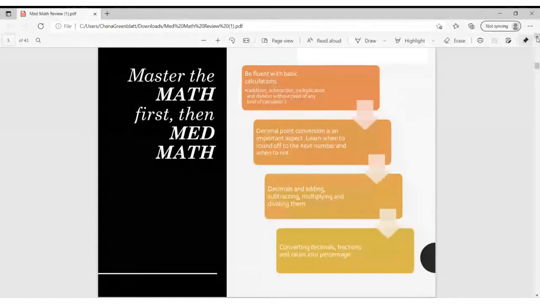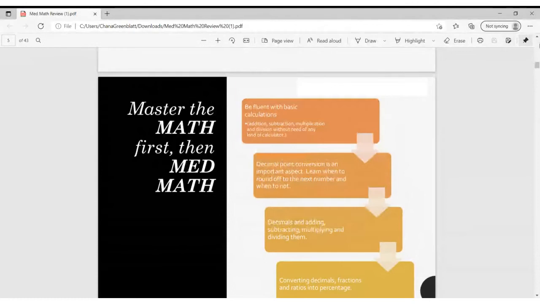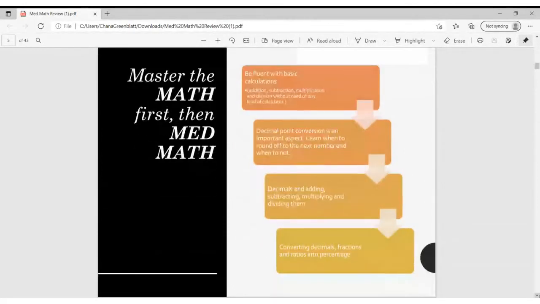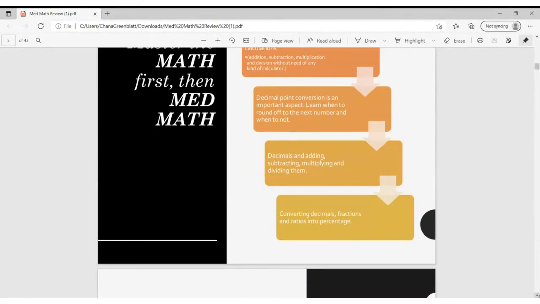Some hospitals allow, some don't. In terms of decimal point conversion, every hospital or every school has their own policy. So knowing when to round up and when to round down in an in-ceiling question, that'll be a very specific rounding. And then some professors will just tell you round to the nearest tenth.